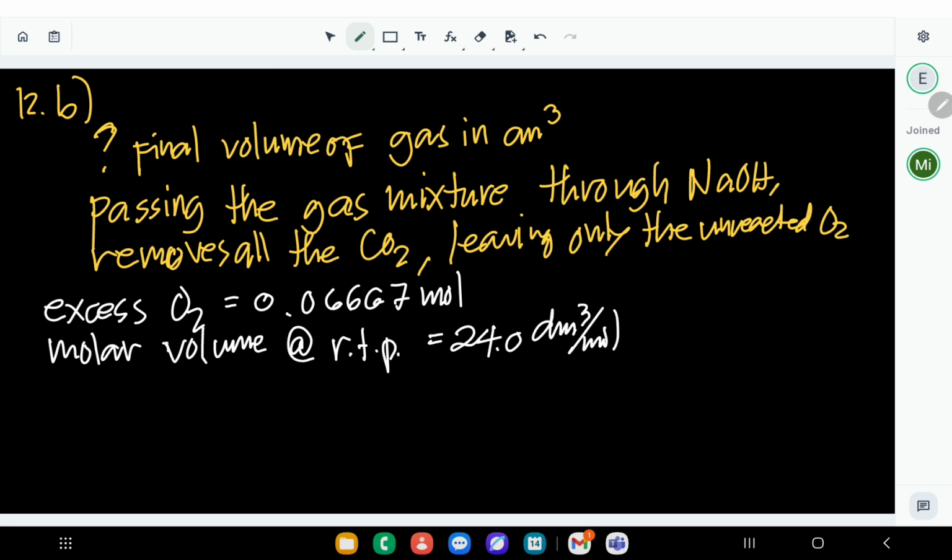So we can now calculate the volume of the excess oxygen. What is the final volume of gas? It should be the excess. So the final volume is the volume of the remaining oxygen.